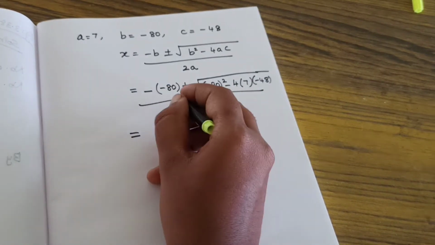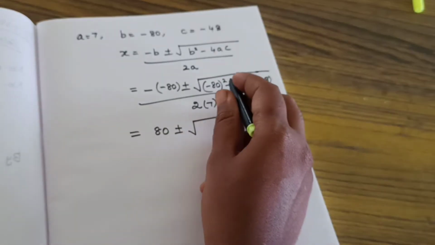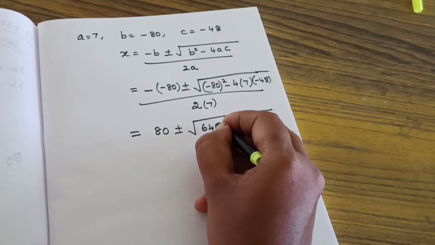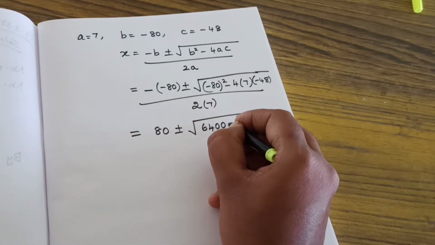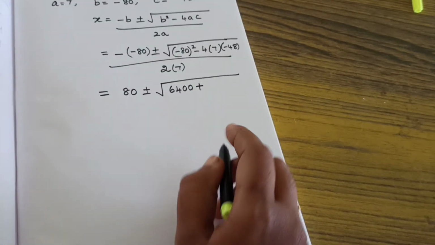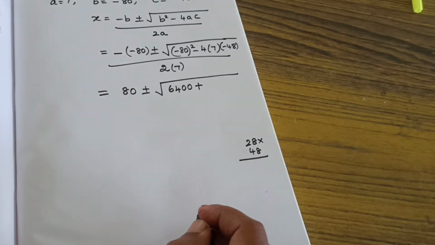Minus into minus is plus. So 80 plus or minus square root of 80 square, 8 8s are 64, double 0. Minus into minus plus, 7 4s are 28, correct. So 28 into 48 you need to calculate.